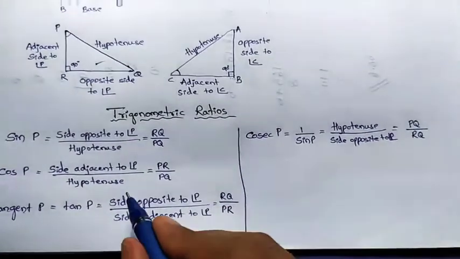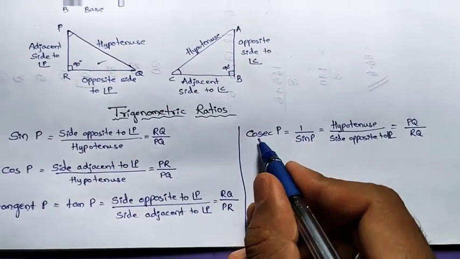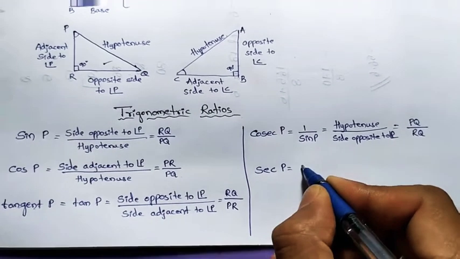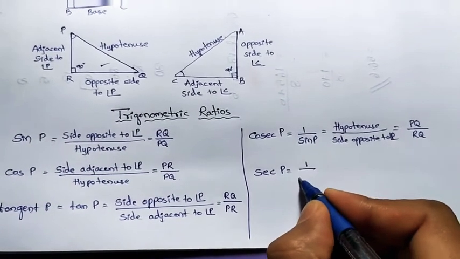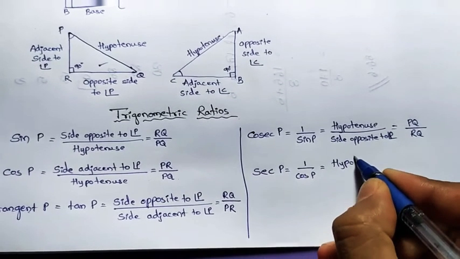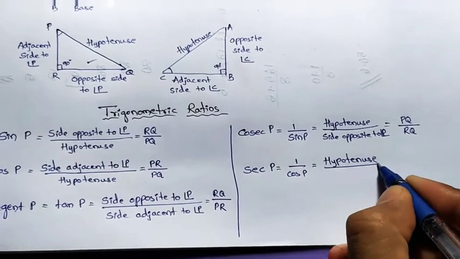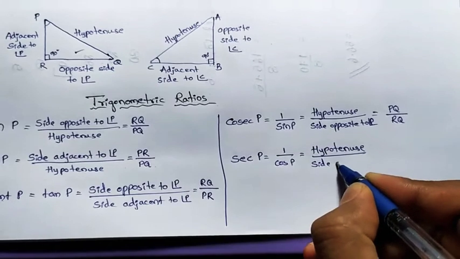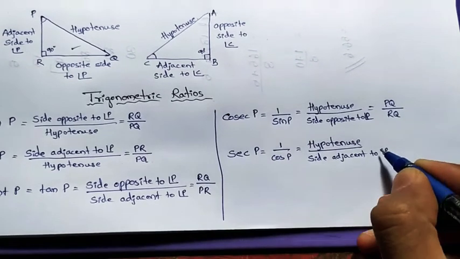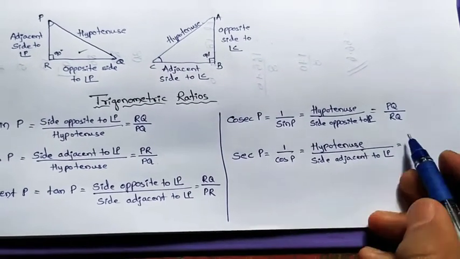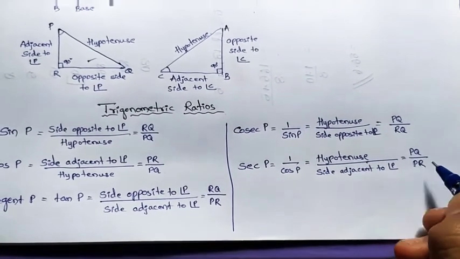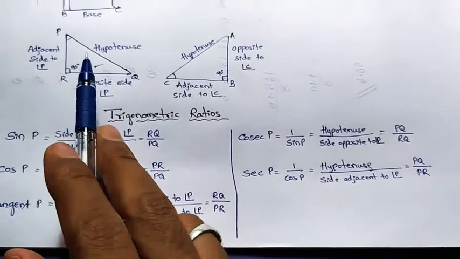Next, after cosecant comes secant, which you can write as sec P. This is the inverse of cos, 1 by cos P, that is hypotenuse divided by side adjacent to angle P. Just observe the diagram: adjacent is PR, hypotenuse is PQ.